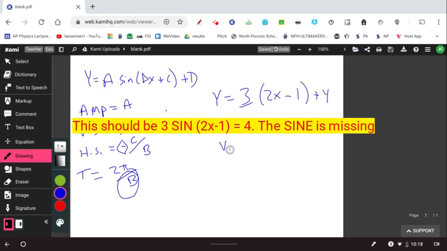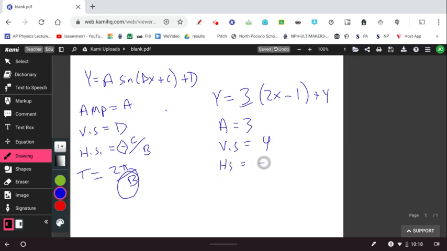The vertical shift is simply going to be 4. The horizontal shift is going to be -1 over 2, or 1/2. And the period is going to be 2 pi divided by 2, or it's just going to be pi.